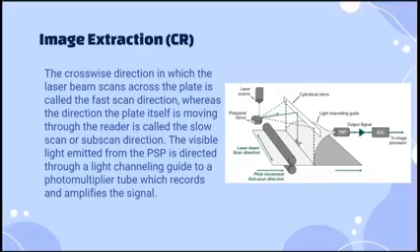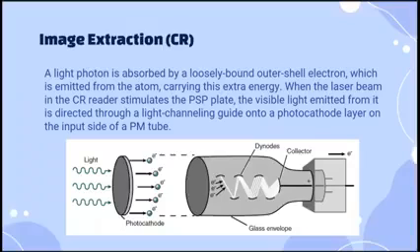An example of the PM tube is on the next slide. So this is the photocathode. Once light interacts with the photocathode through photoelectric absorption, it will release electrons. A light photon is absorbed by a loosely bound outer shell electron. So when the electron absorbs the light, the electron will be emitted from the atom carrying this extra energy.